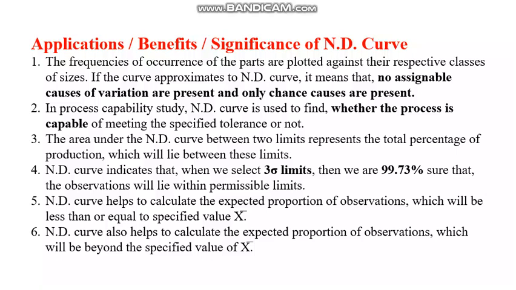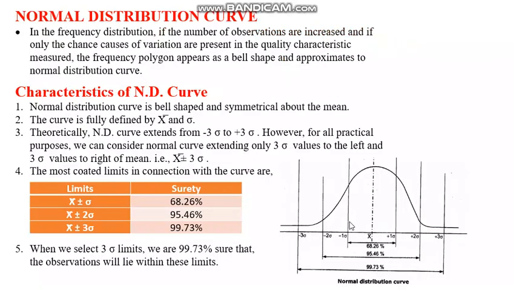Then third, the area under the normal distribution curve between two limits represents the total percentage of production which lies between these limits. That is what we have seen here. This is the area under this curve within 1 sigma limits, within 2 sigma limits, 3 sigma limits.